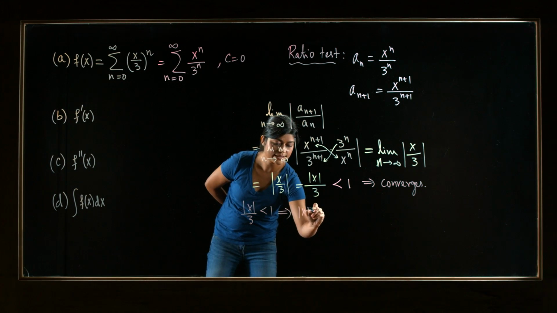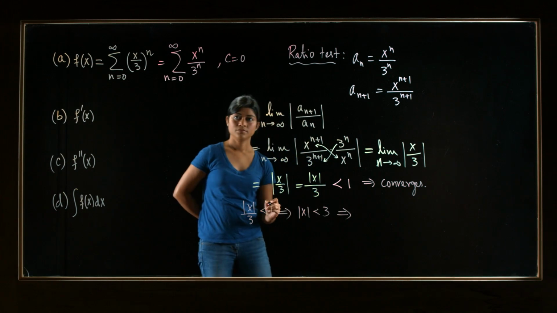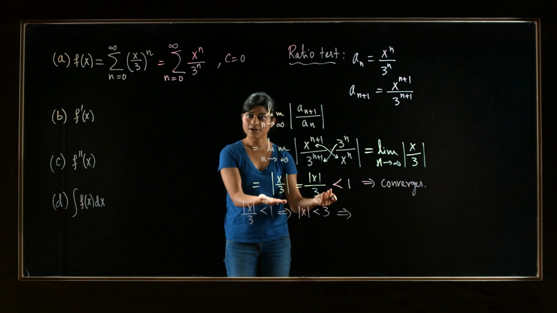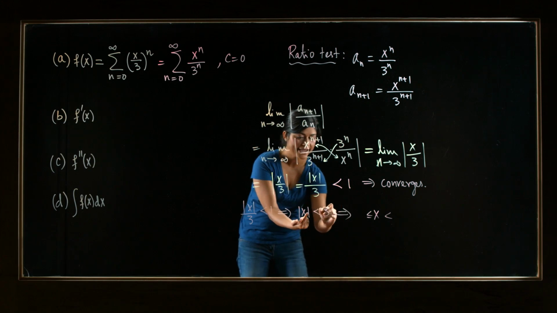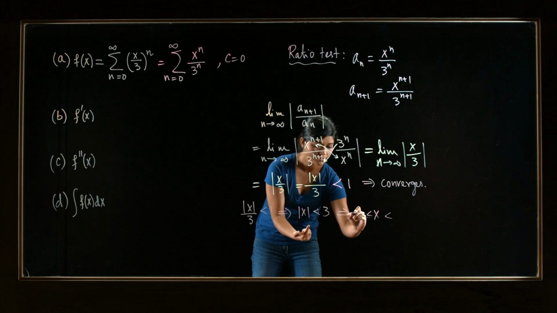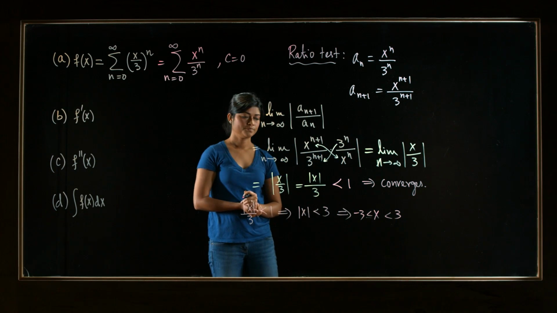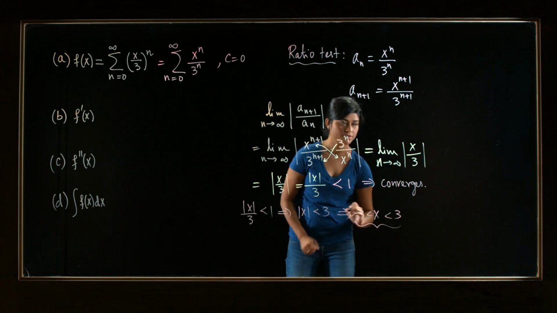So absolute x is less than 3. And what does that mean? You know how to solve an inequality involving absolute value? You take out the absolute value, and x will lie between negative 3 and positive 3. So this is our interval of convergence.